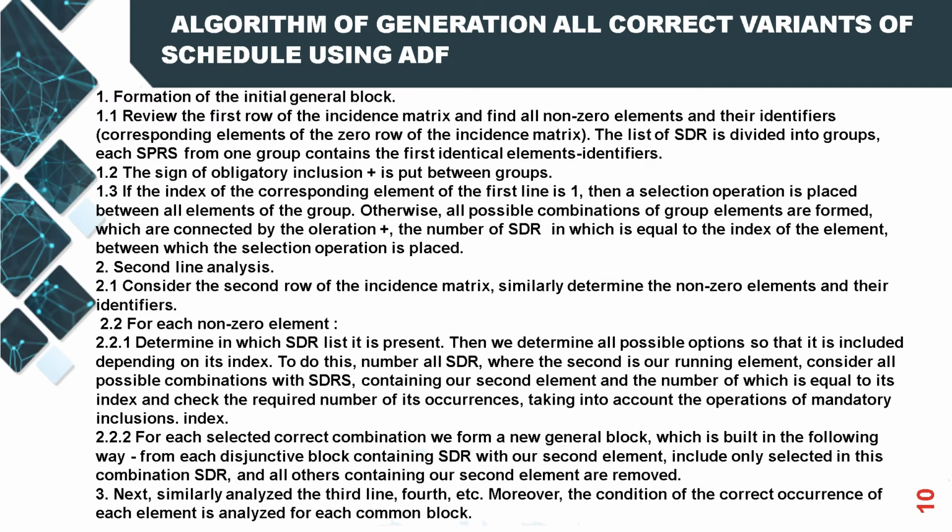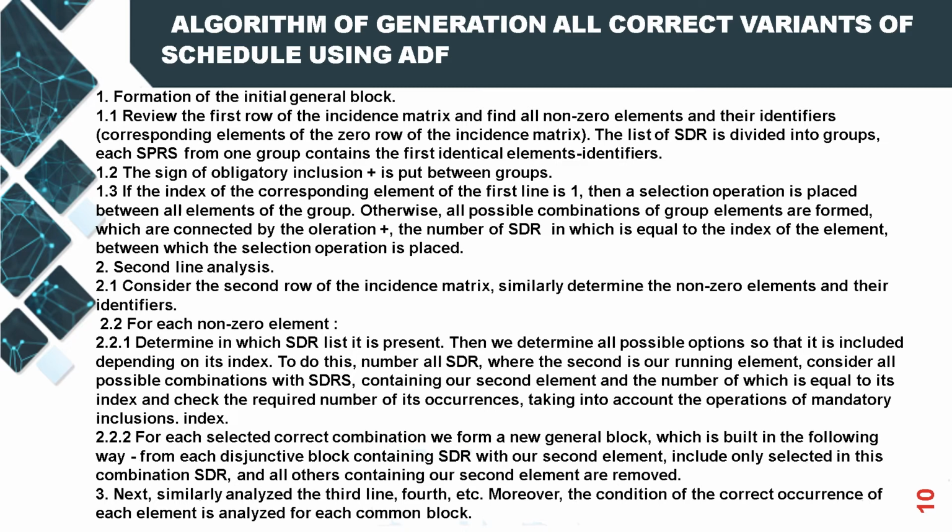Then we determine all possible options in which it is included depending on its index. To do this, we take the number of CDRs where the second element is our running element, consider all possible combinations of CDRs containing our second element, the number of which is equal to its index, and check the required number of its occurrences.